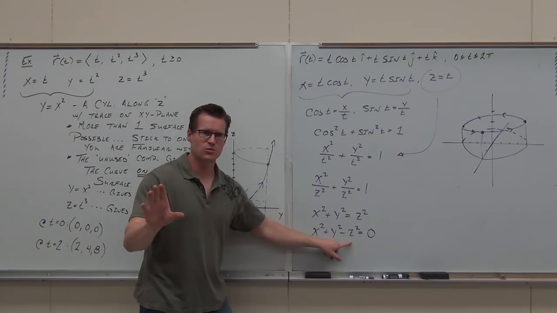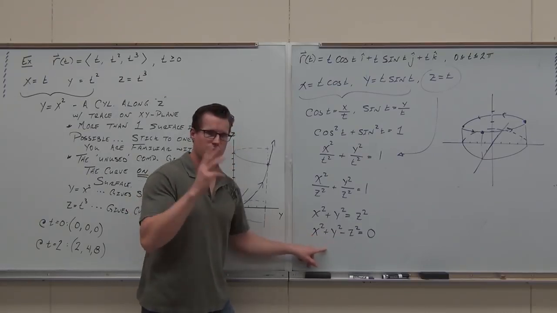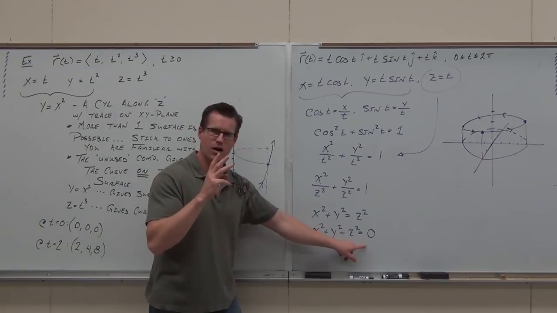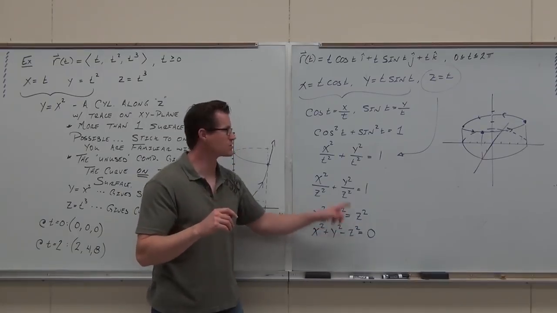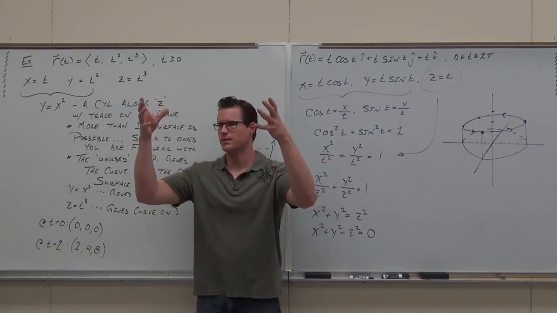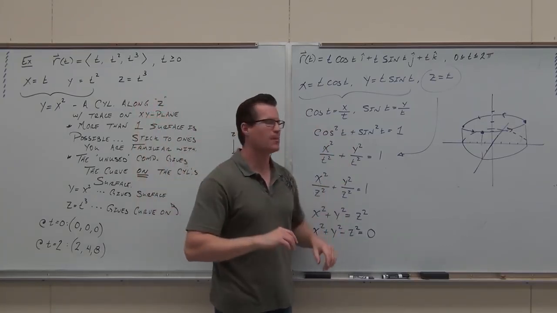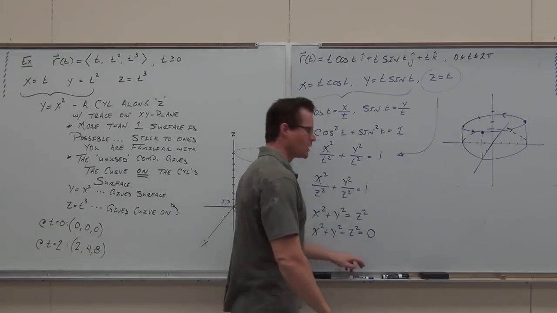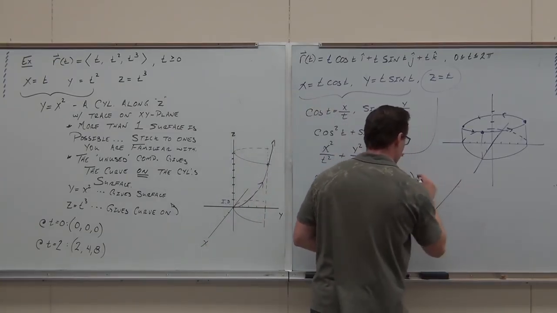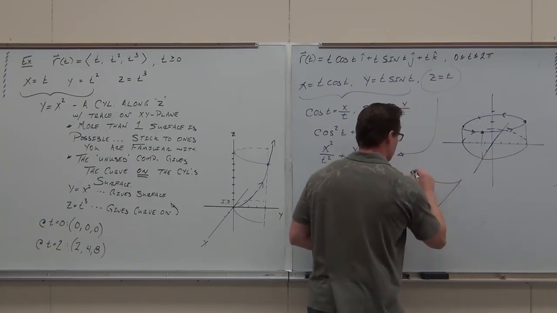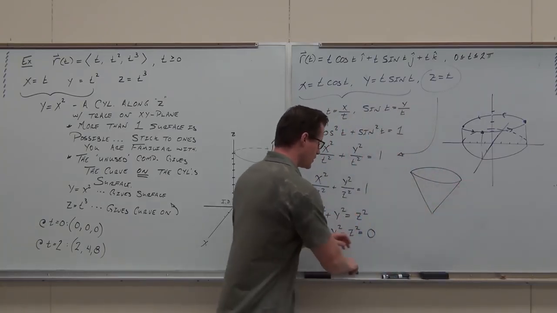I hope that you remember your section 11.6, because this is 3 squares, no constant, 1 minus, cone along the z-axis, just like we talked about. Did that make sense? What would happen here? Here's your cone.